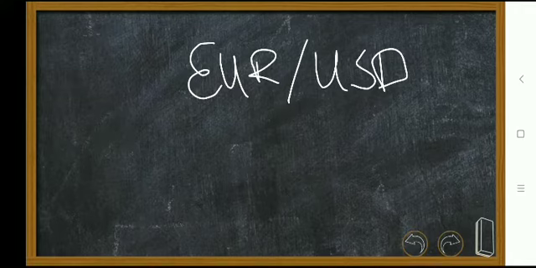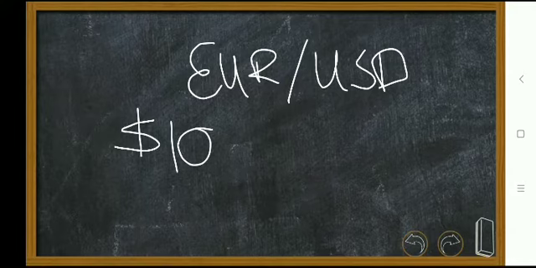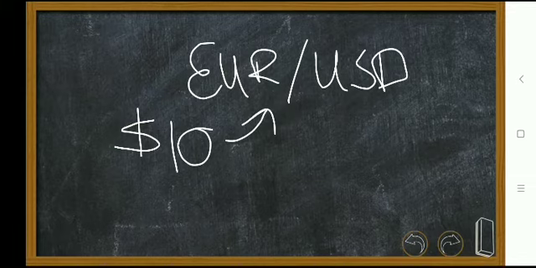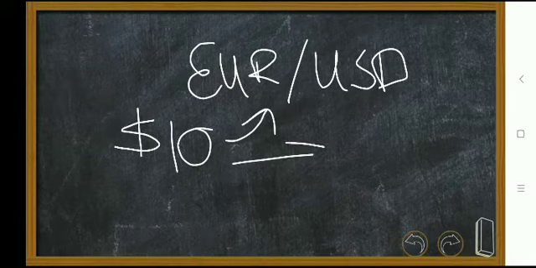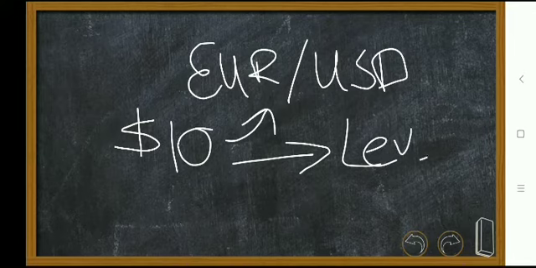If we didn't have brokers offering leverage and requiring a certain margin of your capital, then we wouldn't be able to trade, because truly speaking, your $10 wouldn't manage to take out a contract of this currency pair. You wouldn't be able to buy or sell. That's where leverage comes in, leverage from the broker.